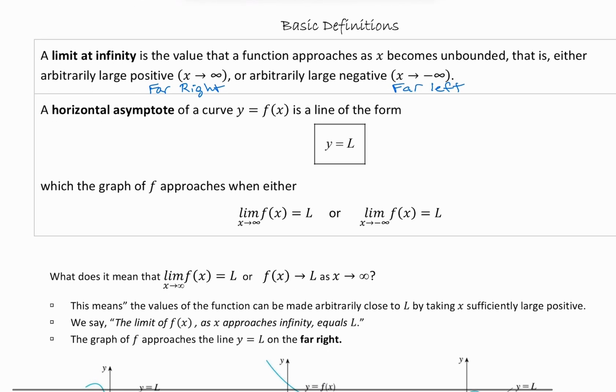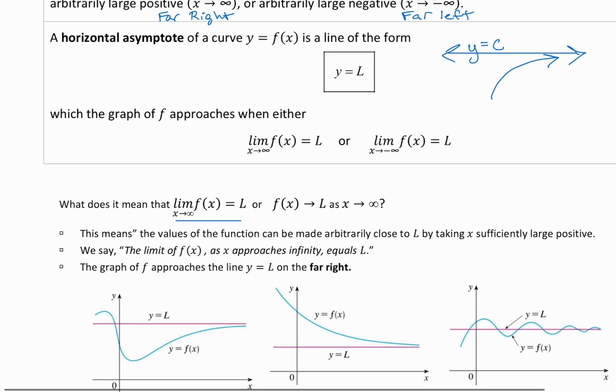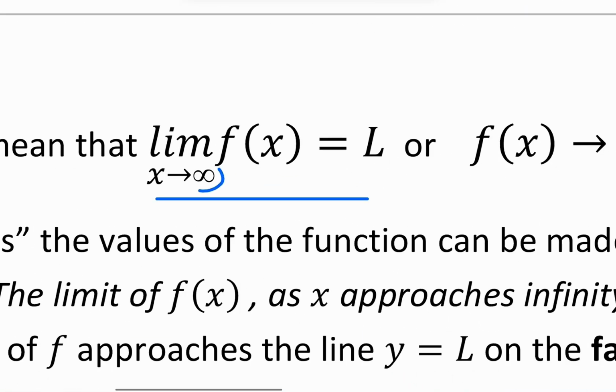When we do have a horizontal asymptote, that means we have a horizontal line, and our graph is approaching that horizontal line. So a horizontal line is always expressed as y equal to some constant. And the limit of our infinity limit will be called L. Notice on our limit, the number that's down here is an x value, and the limit or the function value is always a y value.